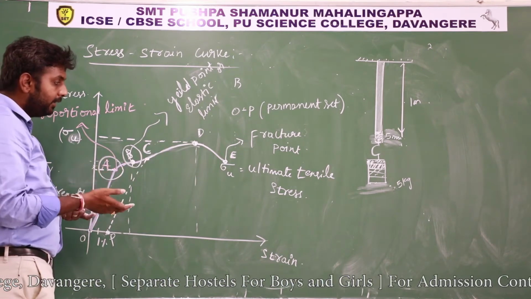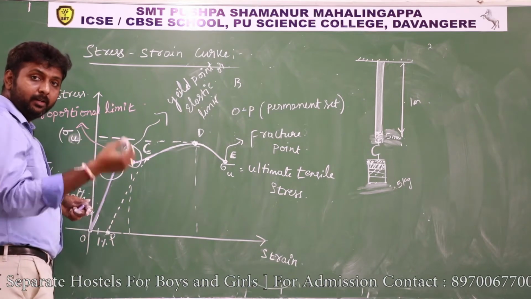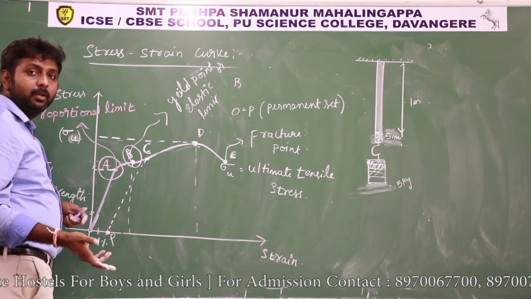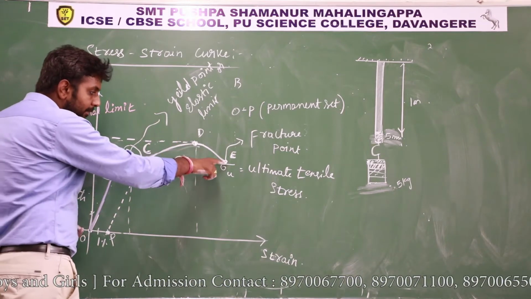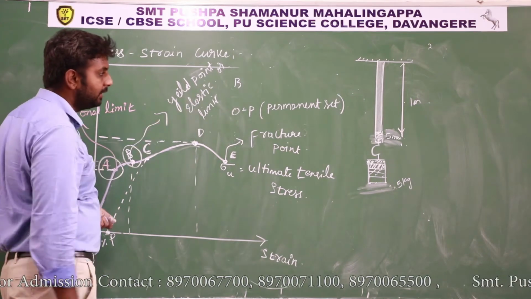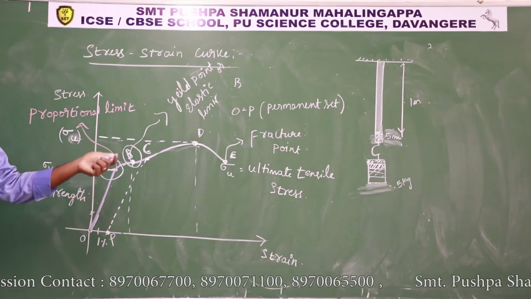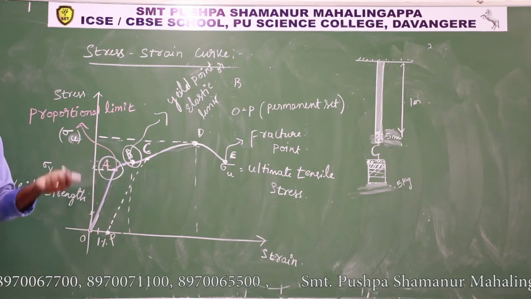If we apply the stress corresponding to the breaking point, then even if you remove some load, it does not escape breaking. Finally it will break at some point E, and that point is called the fracture point. This is the behavior of the material under tensile stress.